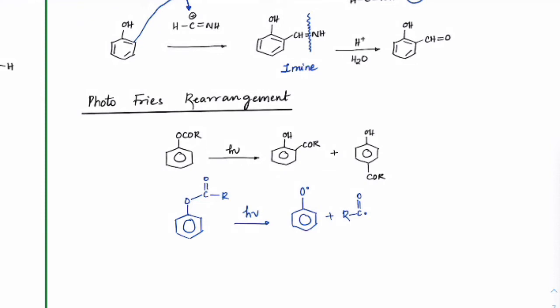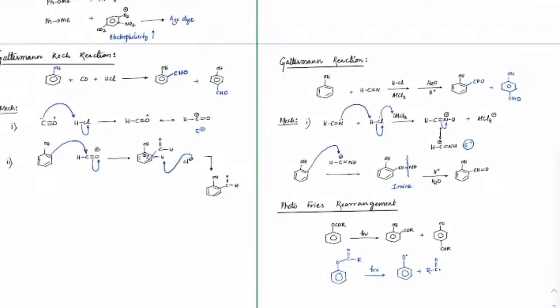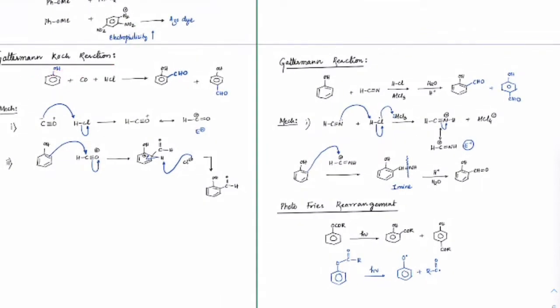So even with photolysis, we will see Fries rearrangement happening. Correct? So these are the three reactions: Gatterman-Koch, Gatterman, and Fries with photolysis, or the photo-Fries rearrangement.